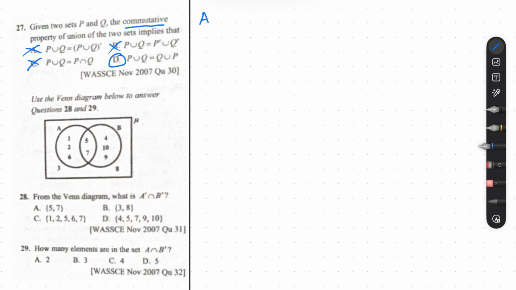A complement is equal to, as I mentioned, everything outside of A. So that will be 3, 4, 10, 9, 8. Let's put 8 first: 8, 9, 10.